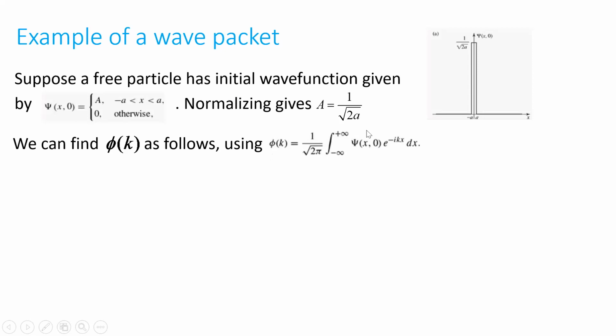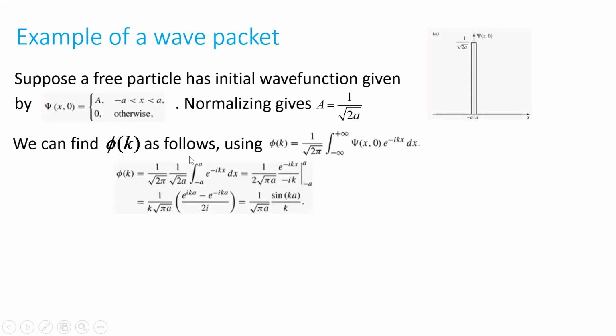So plugging in for psi x of 0, which is 1 over the square root of 2a between minus a and a, and 0 outside, we can simplify this integral. So it looks like this. We have the 1 over square root of 2 pi coming down, and then the integral from minus infinity to infinity.